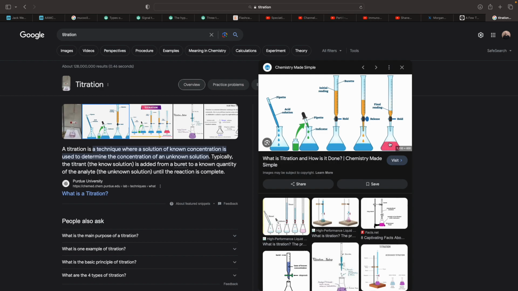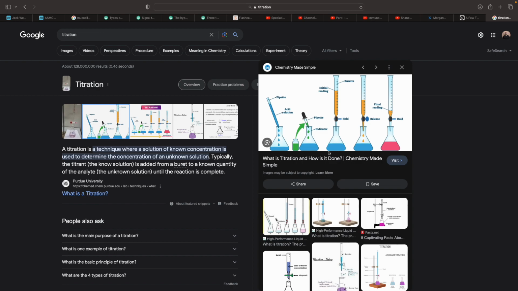So right when you have a different color, for example, from blue it turns into red, then you stop the titration.